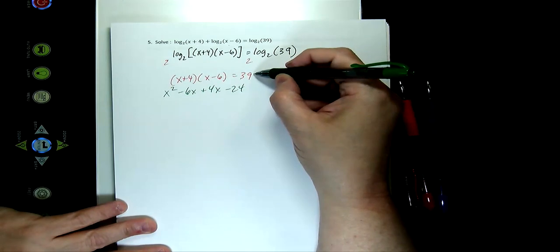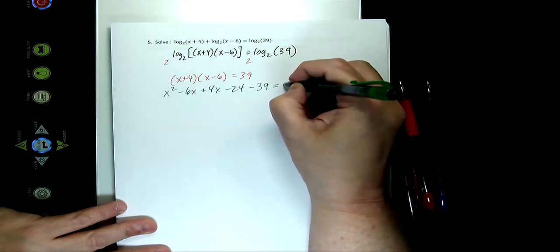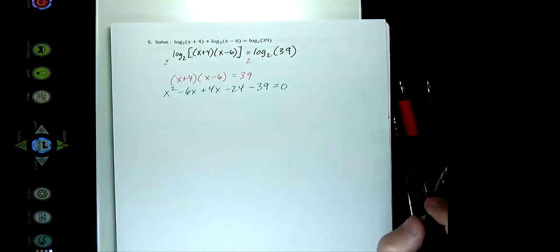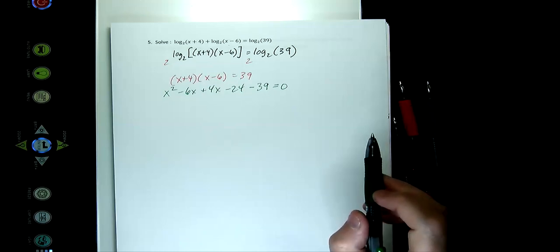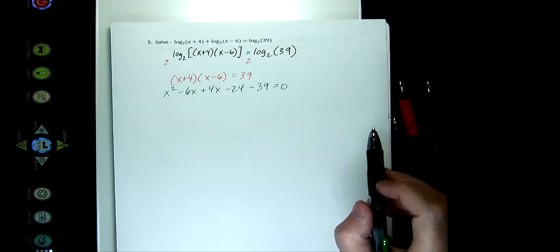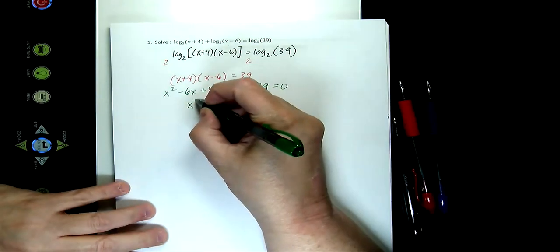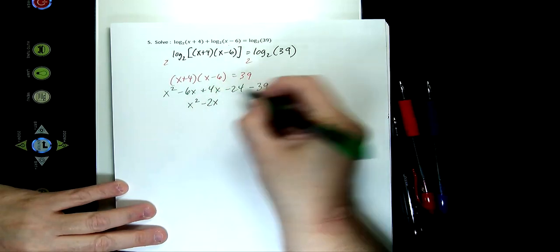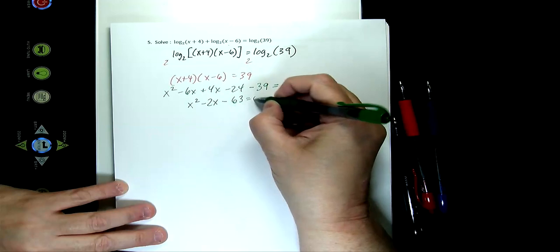And I can move the 39 to the other side at the same time by just saying minus 39 equals 0. But you don't have to. You could say equals 39 and then clean it up and then subtract the 39 over. But we definitely want to get everything on the same side. If I do that, I have x squared minus 2x minus 63 equals 0.